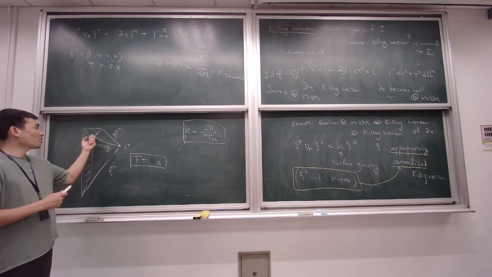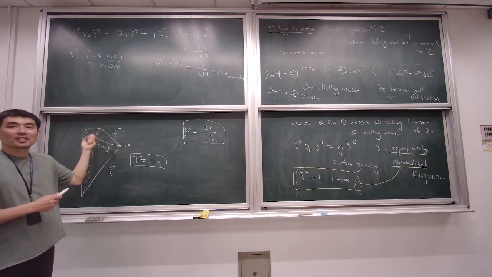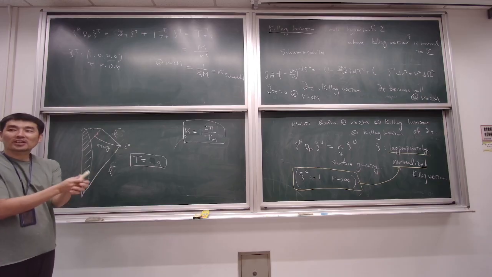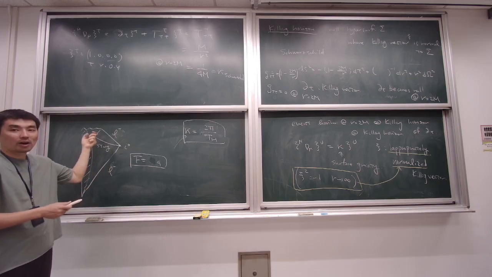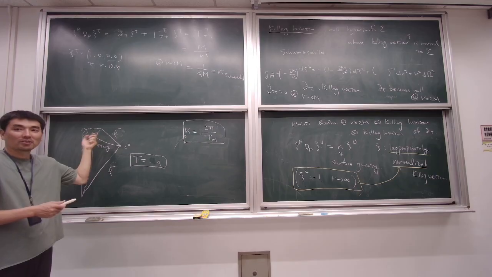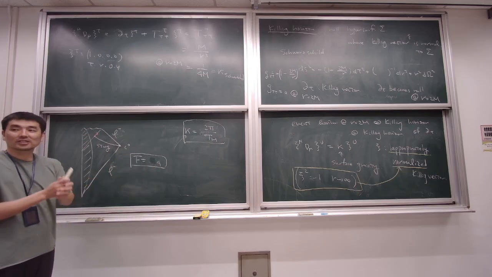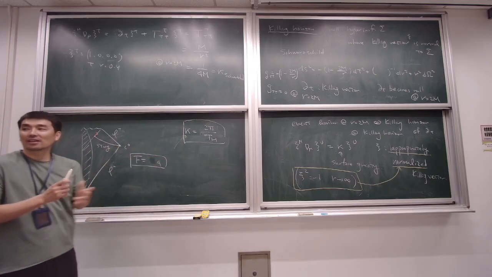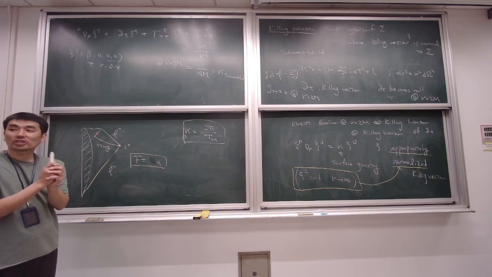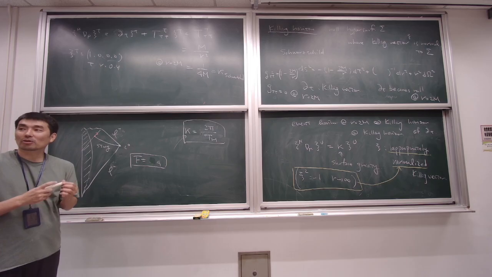It's really close to here, and it's just moving in the horizon direction, and you see the acceleration of this particle. Then the surface gravity is exactly the same as the acceleration measured at infinity. That's what I'm going to talk about.